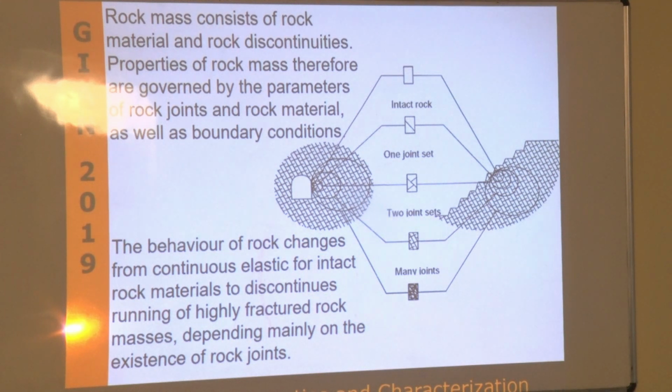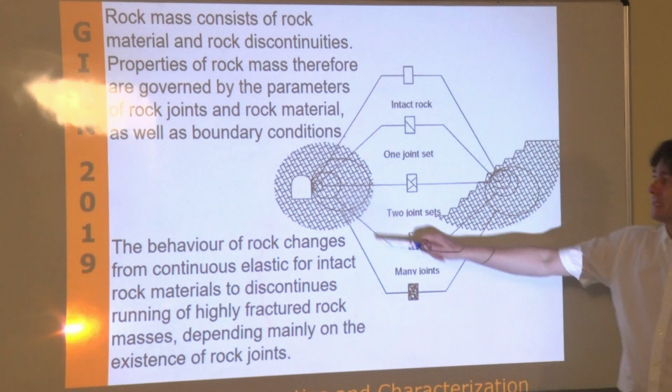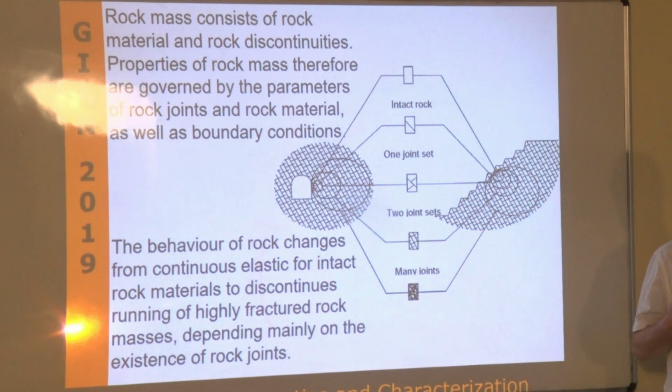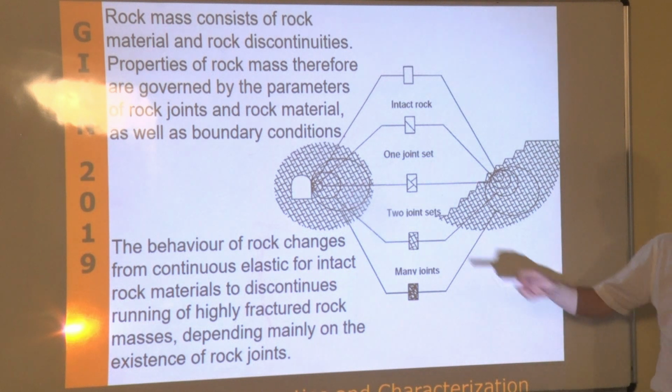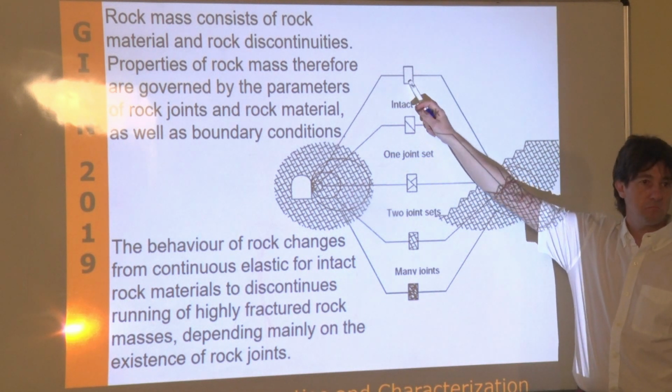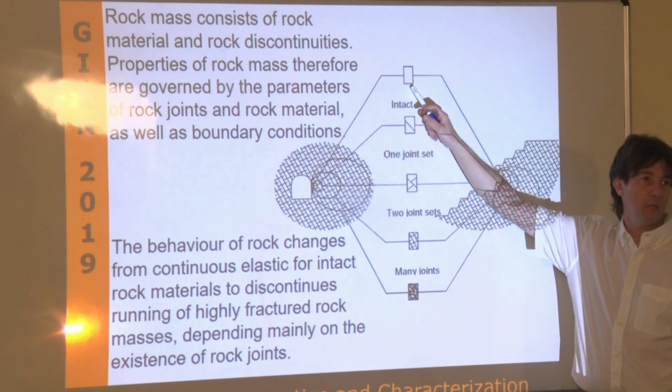So actually it's the other way around. The intact, non-fractured rock is very rare and almost impossible to find. There are very few sites that can claim to have a rock mass with pretty much no fractures. So fractures are there all the time. However, depending on the scale of your structure, you might not encounter any fractures.